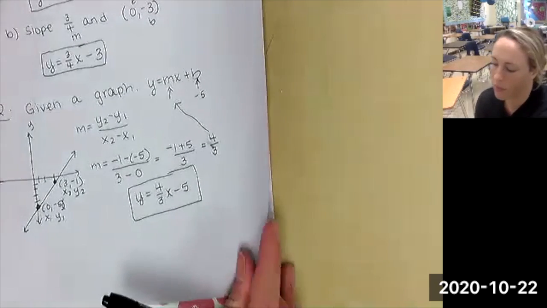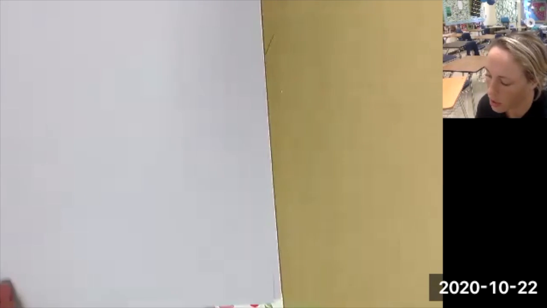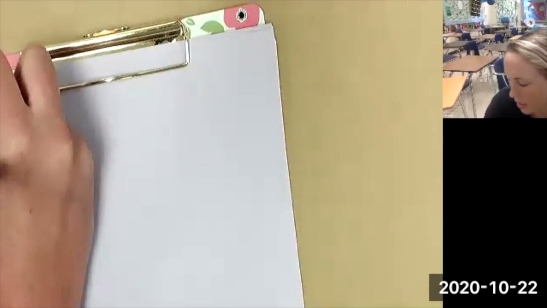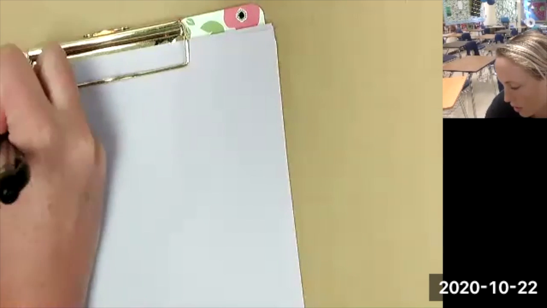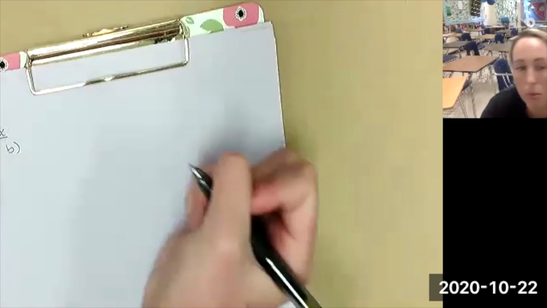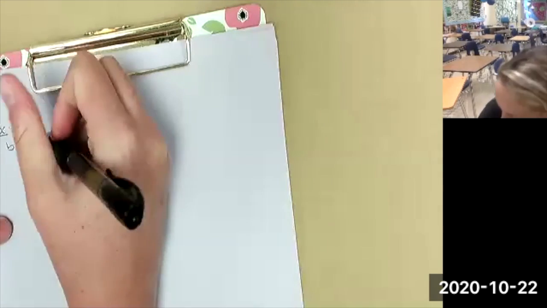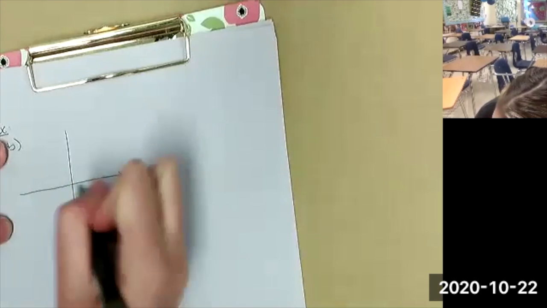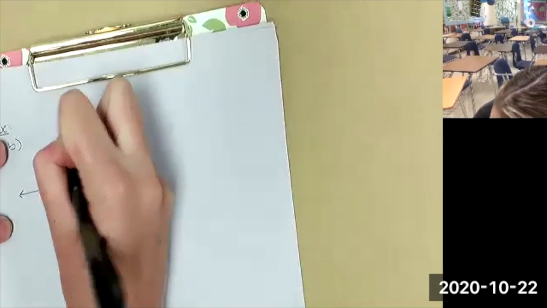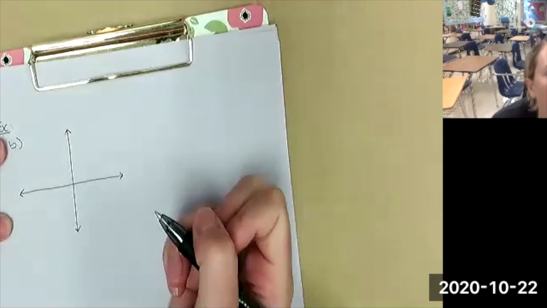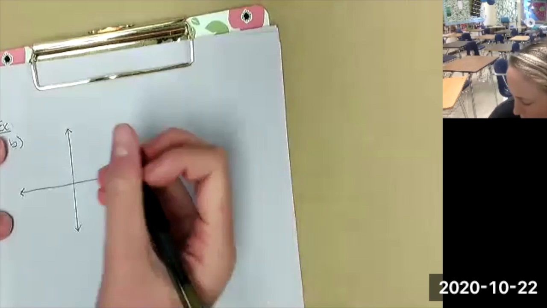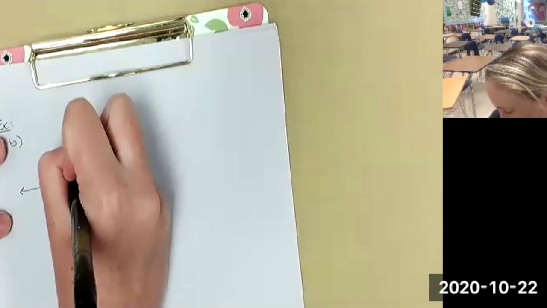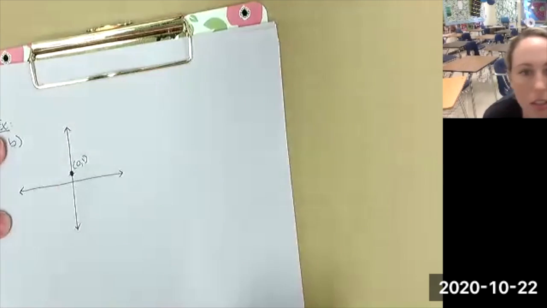Okay, flipping the page. We've got another example of a graph. So this is example B. Let's say the first point's at (0, 1). So hopefully that clicked in your brain that this is the y-intercept.